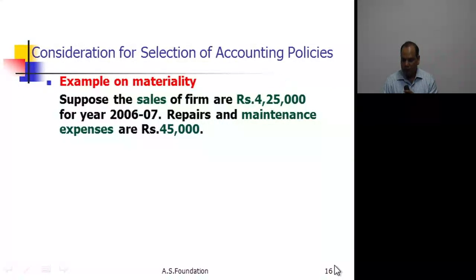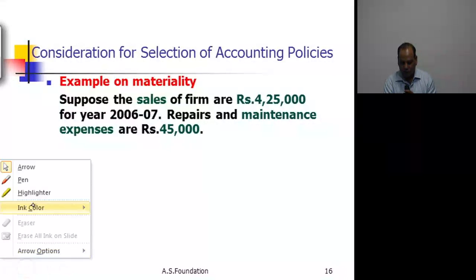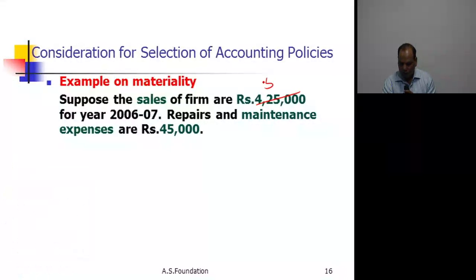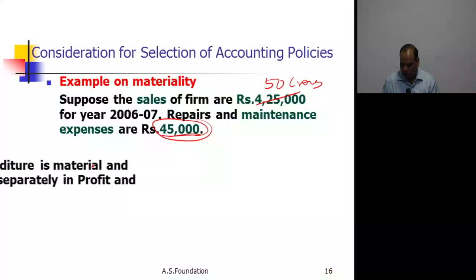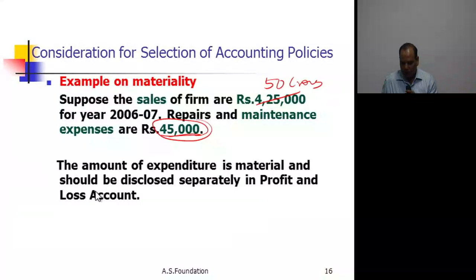Okay, but suppose the sales figure is 50 crore rupees and then repairs and maintenance incurred are 45,000. Then a separate disclosure of repairs and maintenance may not make much difference. Is it right? Some examples of materiality we will be discussing.